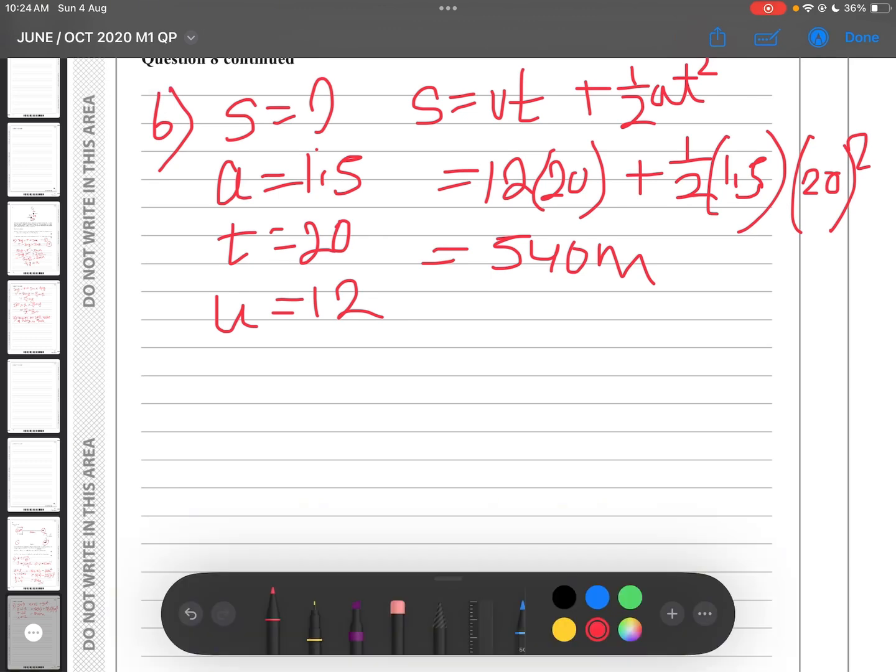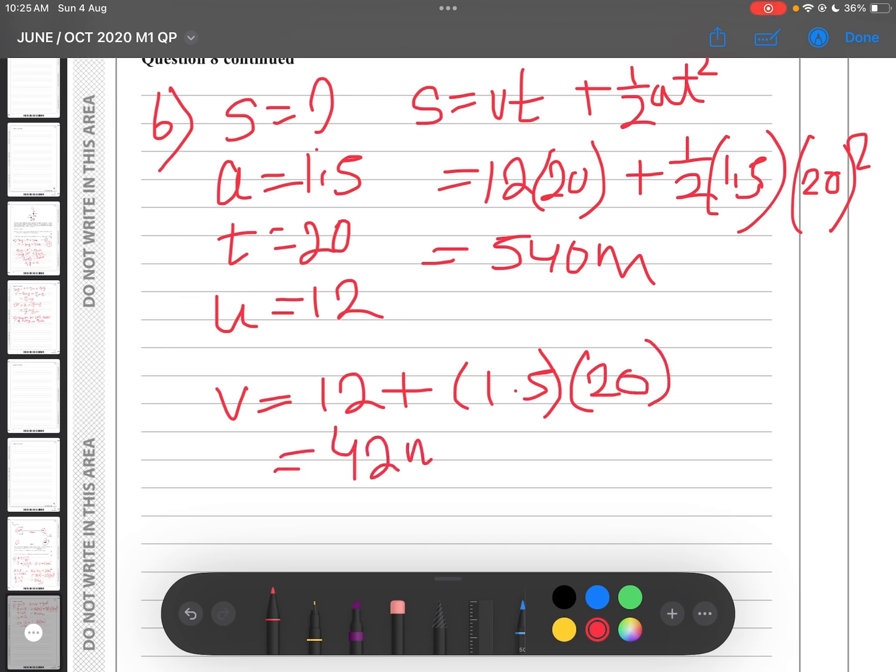We know that v is equal to u plus at, and it was initially traveling with 12, plus acceleration 1.5 times time 20, and I get 42 meters per second.